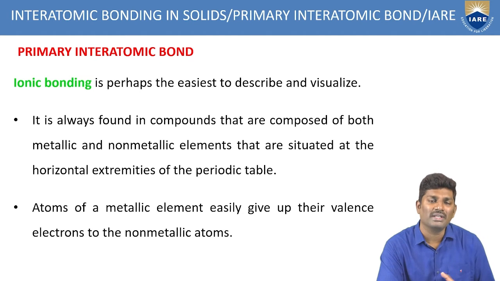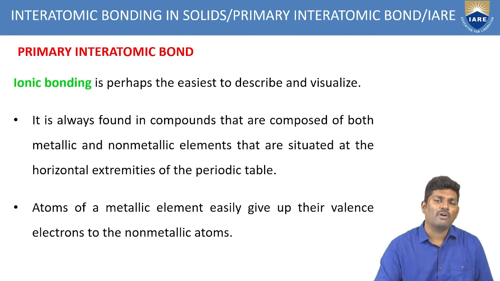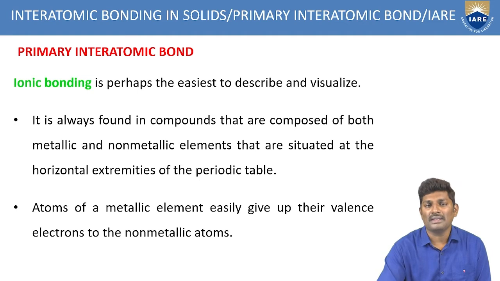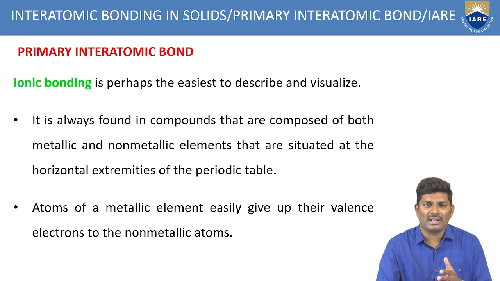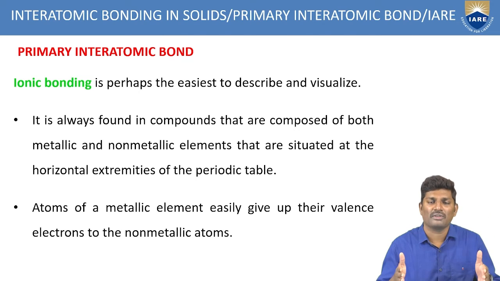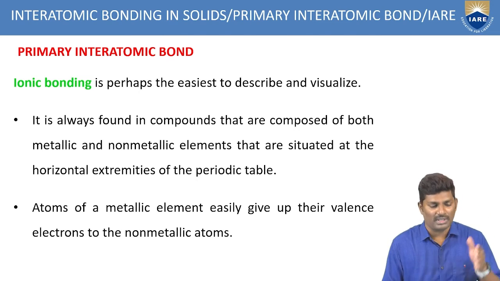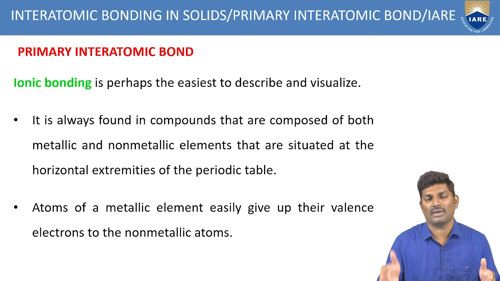Ionic bonding is always found in compounds composed of both metallic and non-metallic elements. These elements are situated at the horizontal extremes of the periodic table: here you have metallic and here you have non-metallic.